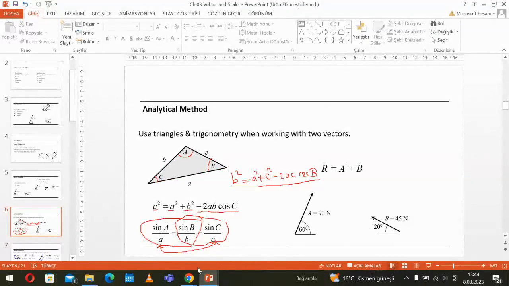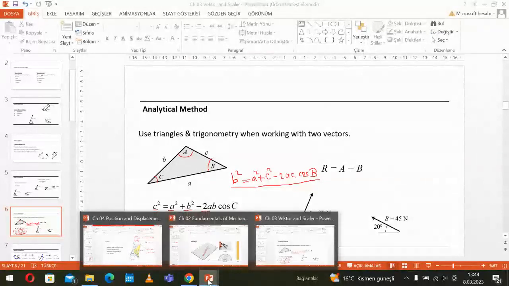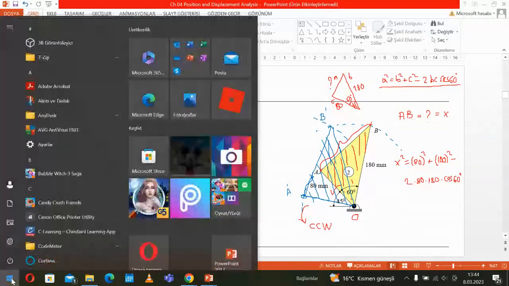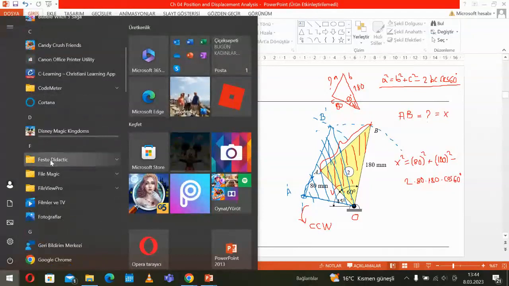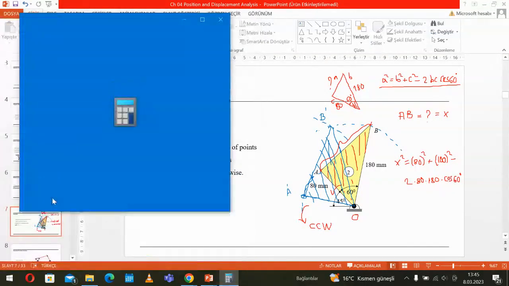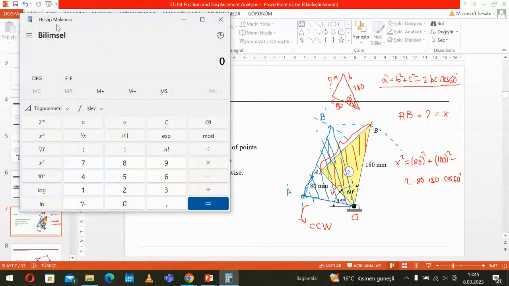Okay, let's come to our calculation. I can use the calculator here and show you, but I expect you to do it. This is not so complicated. Student: Hocam, we did it already.